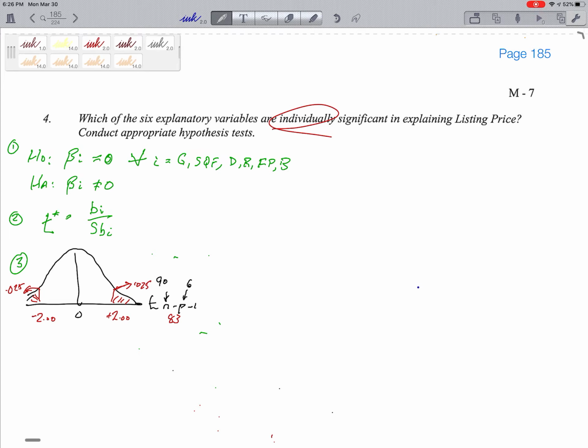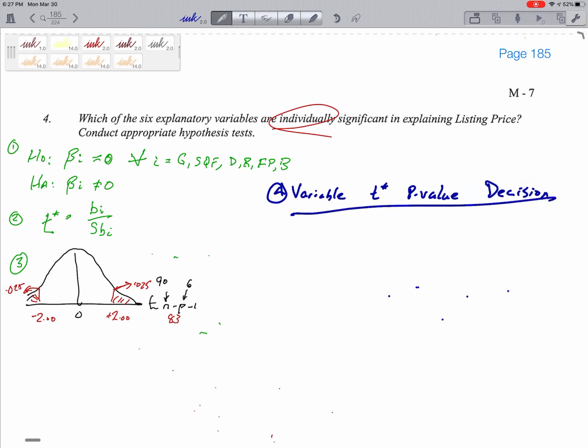All right, step number 4 is we're going to look here then at, let's just build a little table. Well, that's okay. So we're going to have the variable, and then we're going to have the t star, and then we're going to have the p-value, and then we'll have the decision.